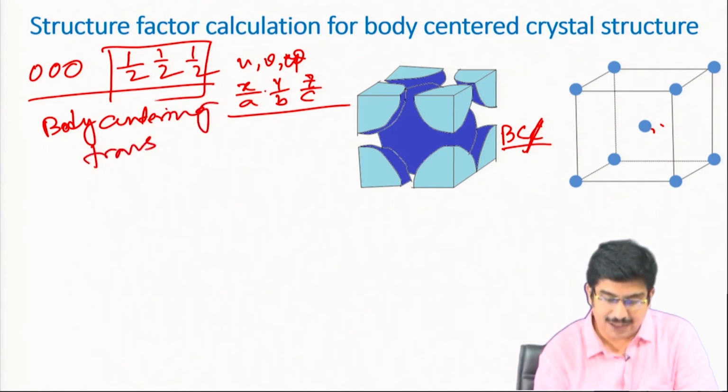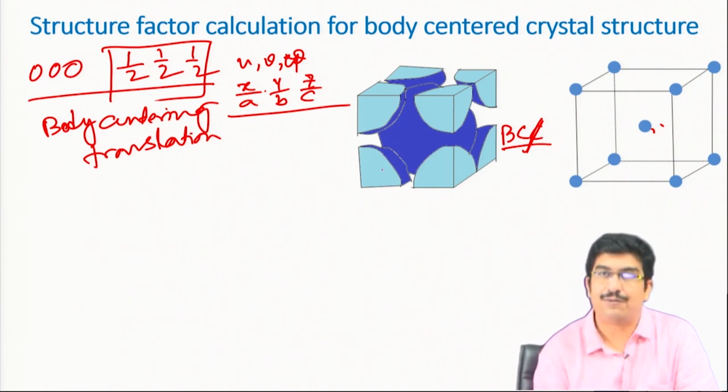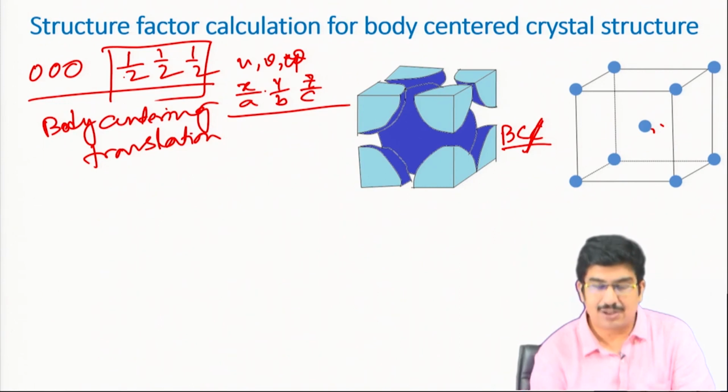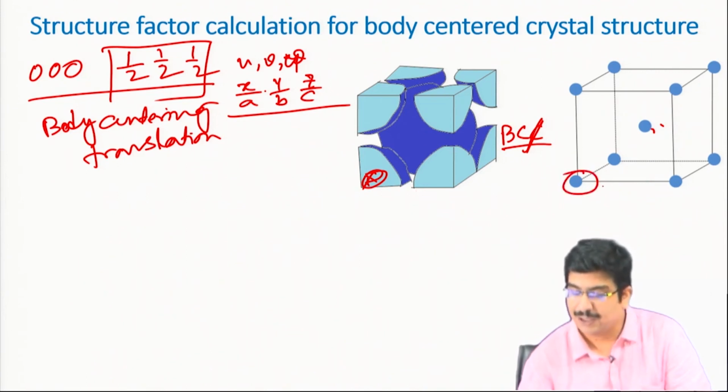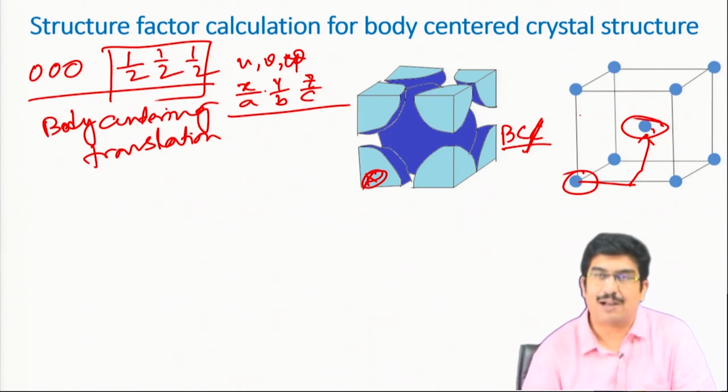This means that if you take a corner atom at 0 0 0 and apply this half half half translation to it, this atom will go to the body centering position. If we start with this one and apply a half in x, half in y and half in z direction, we arrive at the body centering position. So, half half half is called the body centering translation.